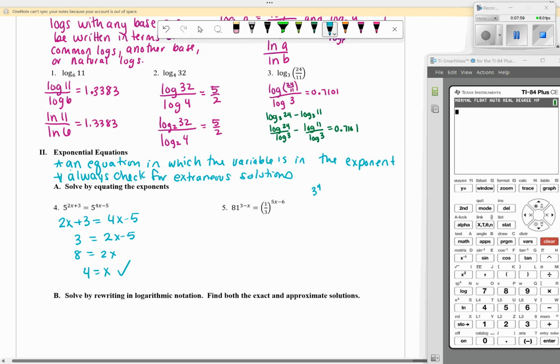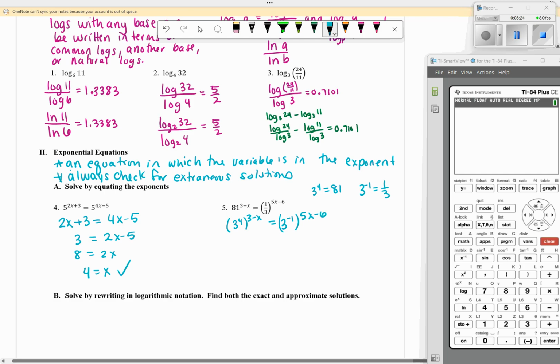So we know 3 to the 4th is equal to 81. Because those are equal, by replacing that in my equation, it doesn't change the equation. And then I know that I can rewrite 1/3 as 3 to the negative 1 power, and that is equal to 1/3. So 3 to the negative 1 doesn't change my equation.